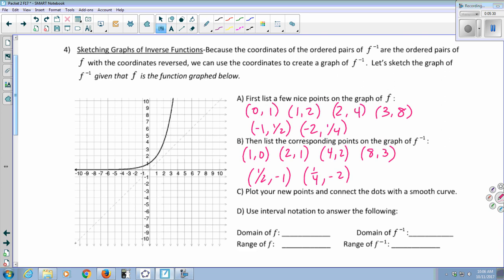Plot your new points. 1, 0, 2, 1, 4, 2, 8, 3, and 1/2, negative 1, 1/4, negative 2, and then connect your points with a nice smooth curve.